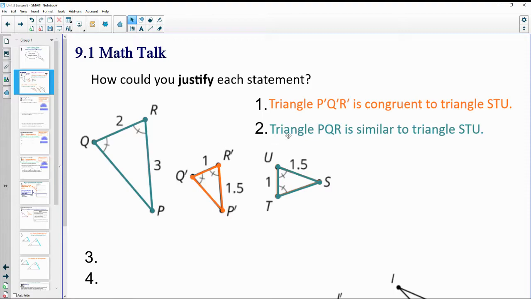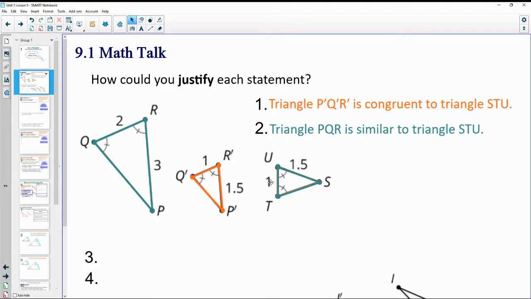How are we going to show that triangle PQR is similar to STU? How would we know that those are similar? One thing you could think about is if the two angles are congruent here, then this third one is going to have to be congruent.